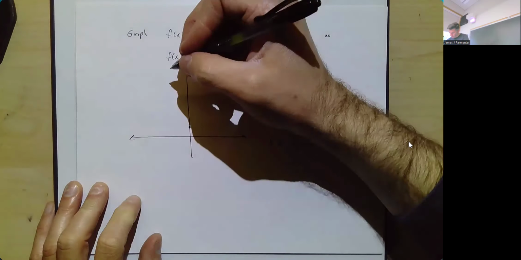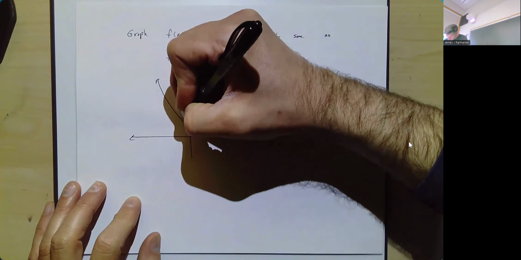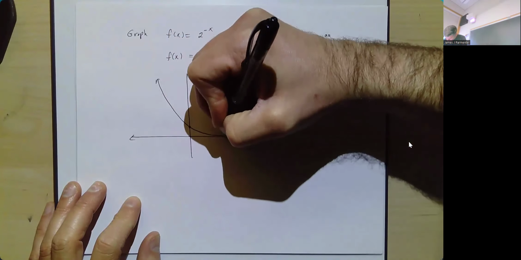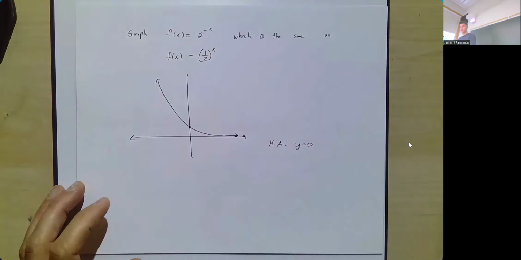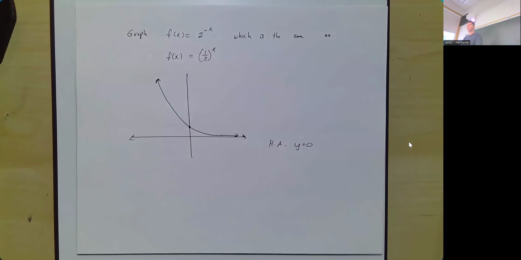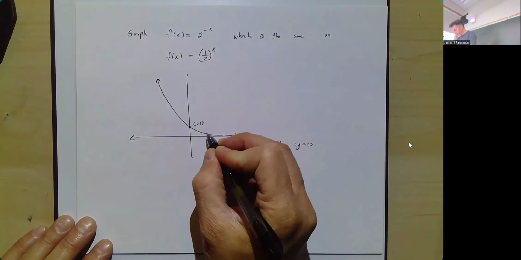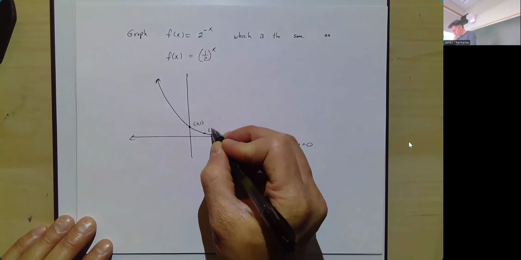I'm not as good at drawing this one, to be perfectly honest, so it's not going to look as good. Well, maybe it will. It looks like that. It decreases from left to right, but still has the usual exponential shape. We have the point (0, 1). And if I really wanted, I could also have the point (1, 1/2).